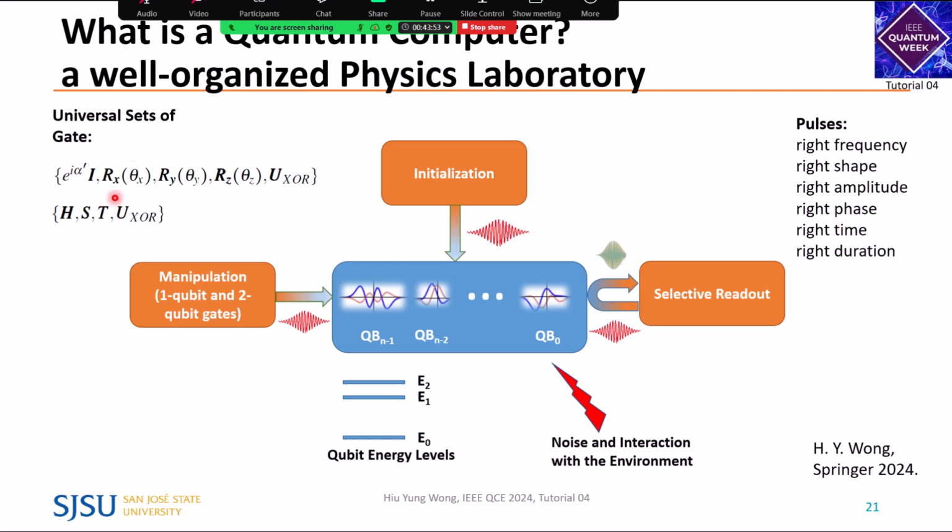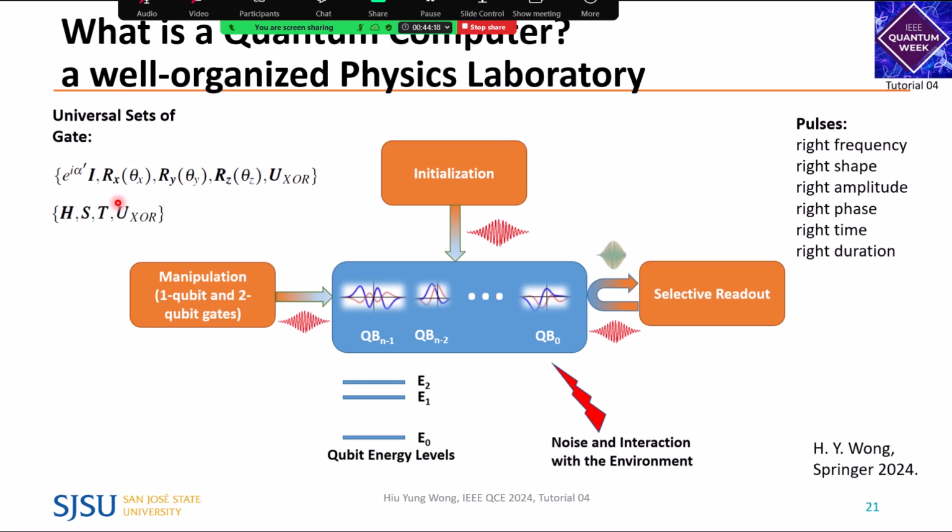For universal sets of quantum gates, there are 2 examples. One is the exclusive-OR gate plus arbitrary rotation about the X and Y axes of the Bloch sphere, any angle. This is complete. Or you can also have these 3 discrete gates. This is not really complete, but if you apply many of them, they can approximate any quantum algorithm.